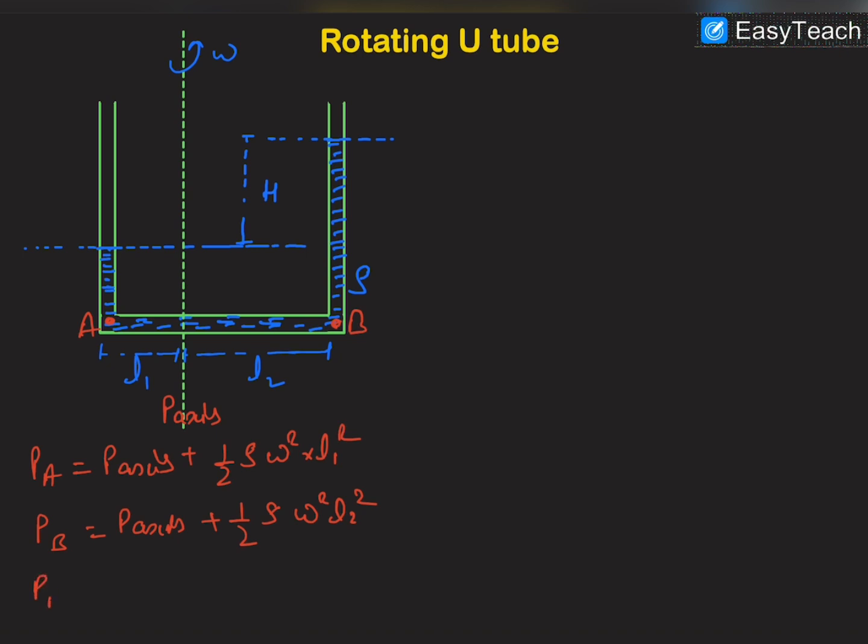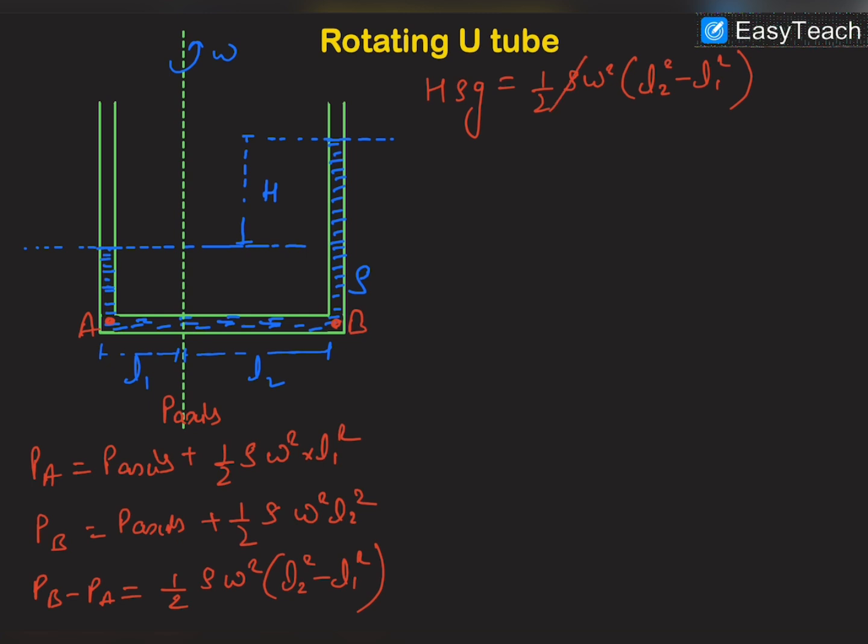Now PB minus PA will be equal to half rho into omega square into L2 square minus L1 square. And we know that PB minus PA is H rho G. So H rho G will be equal to half rho omega square into L2 square minus L1 square. Cancelling rho with rho, H will be equal to omega square by 2G into L2 square minus L1 square. This is the value of H.